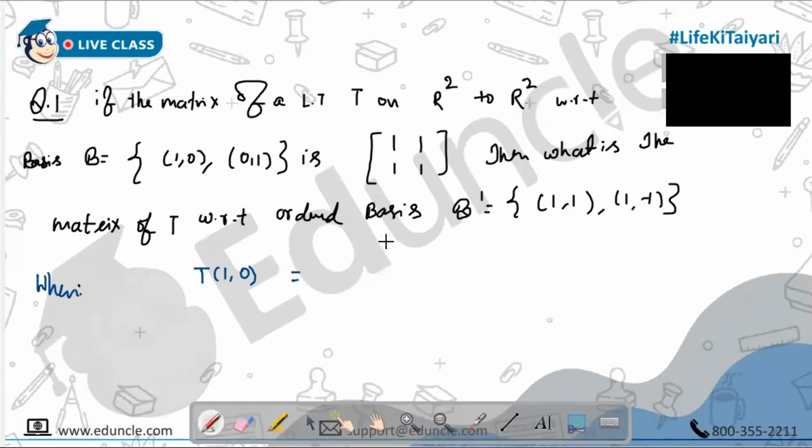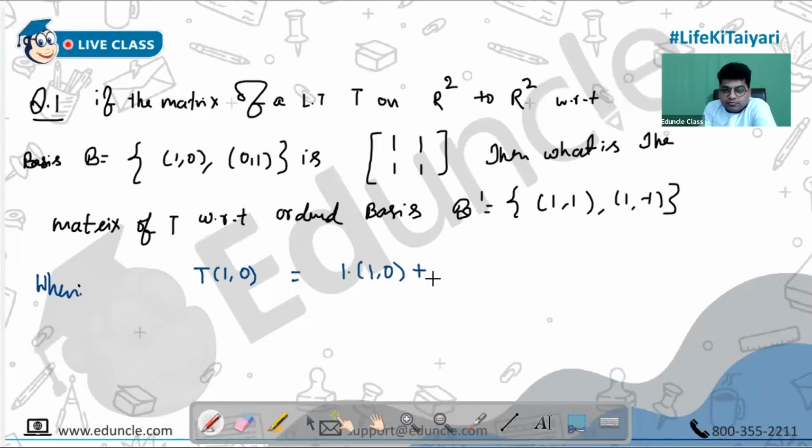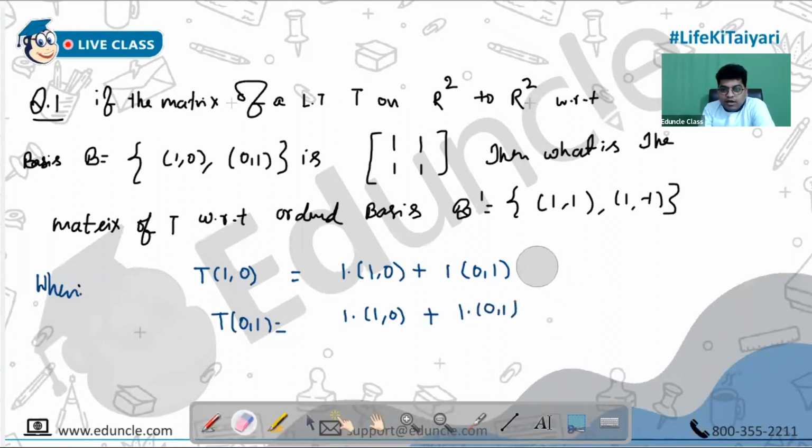What is T(1, 0)? T(1, 0) is 1 times (1, 0) plus 1 times (0, 1). And T(0, 1) is 1 times (1, 0) plus 1 times (0, 1). Because if you have a linear transformation and you convert it with respect to this ordered basis, this is the matrix, then you can write it like this.